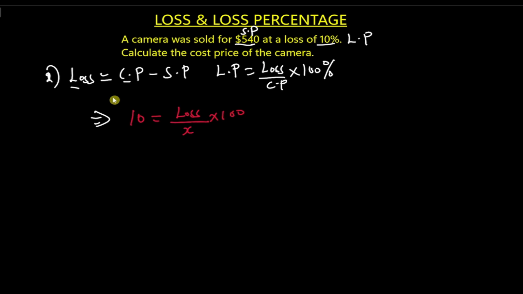But over here, as you can see, loss equals cost price minus selling price. So in place of this loss, we can substitute the cost price minus the selling price. Now, when you do that, you're going to have 10 is equal to the cost price, which I said we can use x for, so the cost price minus the selling price over x times 100%.